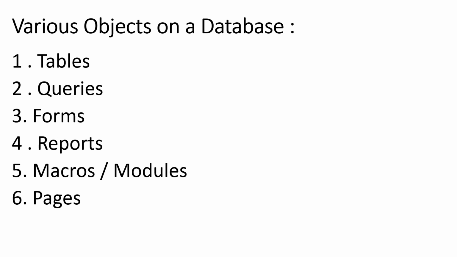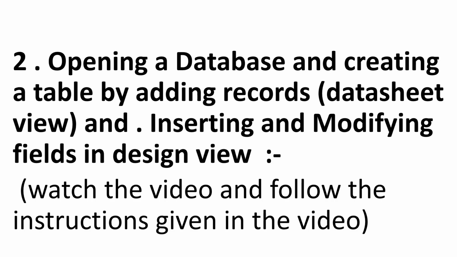Okay, now MS Access stores your data in the form of tables, right? It is a database and it stores your data in the form of tables. The rest of the objects of a database you will study in the next chapter. So moving ahead. So far we have seen how to start the MS Access and how to create a database after starting the MS Access.